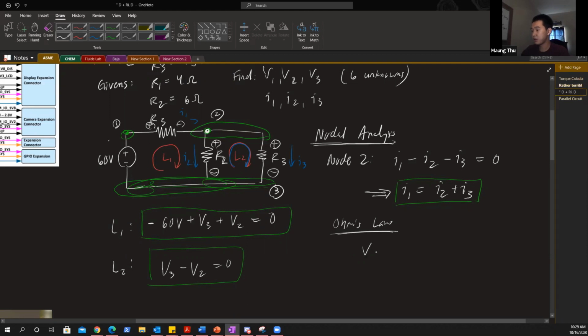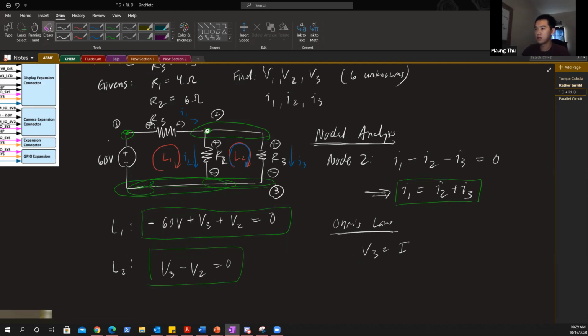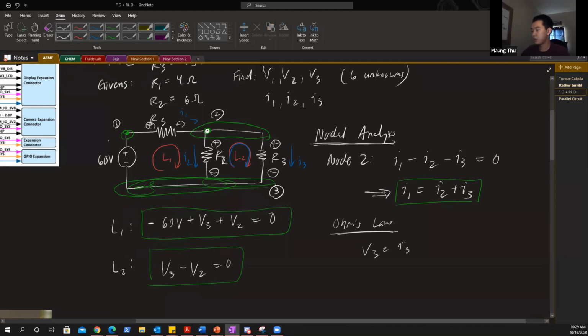So that means that V3 is equal to I3 R3, V2 is going to be I2 R2, and V1 is going to be I1 R1.